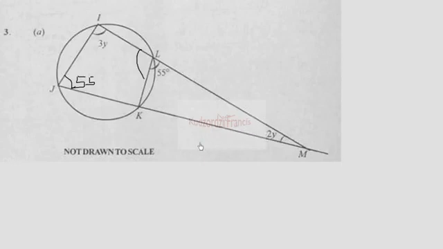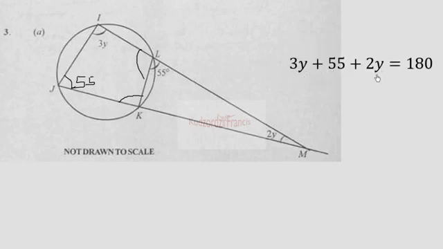If you don't want to do it that way, you can also observe that this angle, using the exterior angle property of triangle MLK, is equal to 55 plus 2y. Then using the cyclic quadrilateral property, this angle and this angle should be 180. So they will all give you the same result.